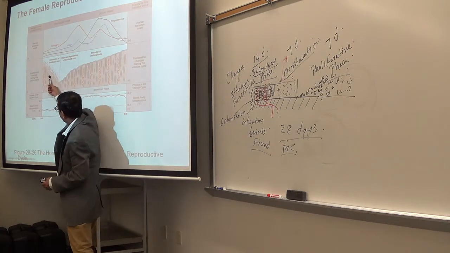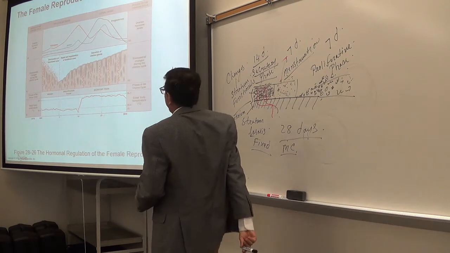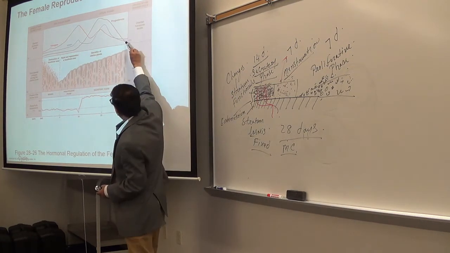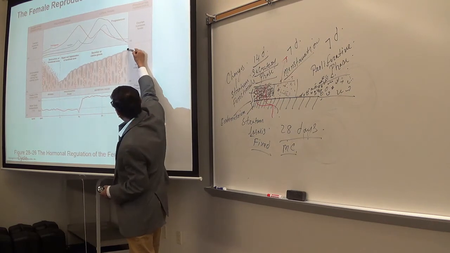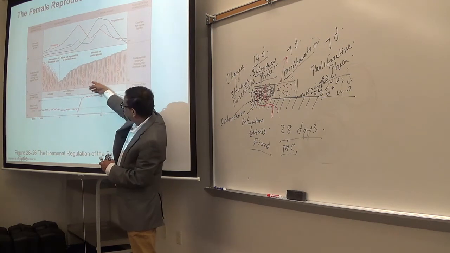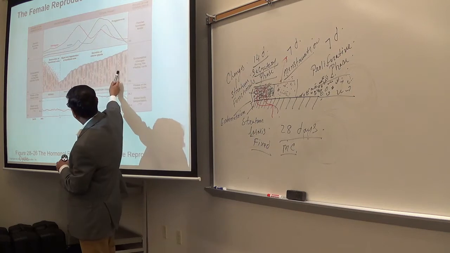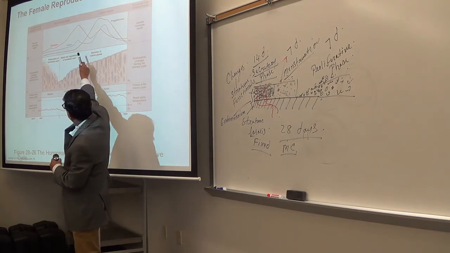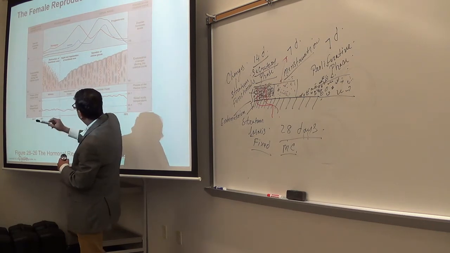So, destruction of the functional layer. So that is important, right? See, the progesterone drops, goes below the estrogen, and that causes a strong constriction of the spiral arteries. So menstruation occurs.